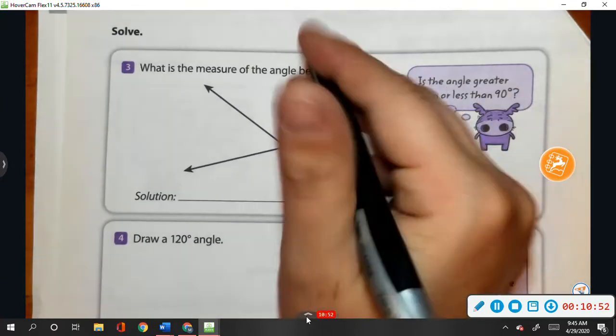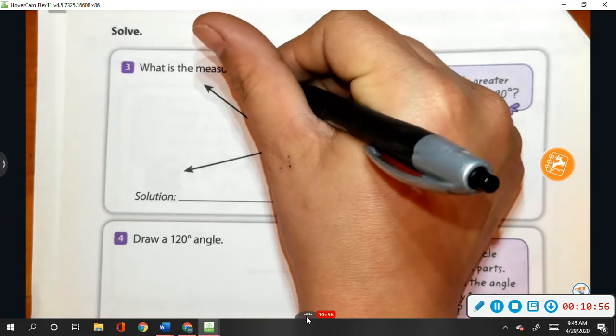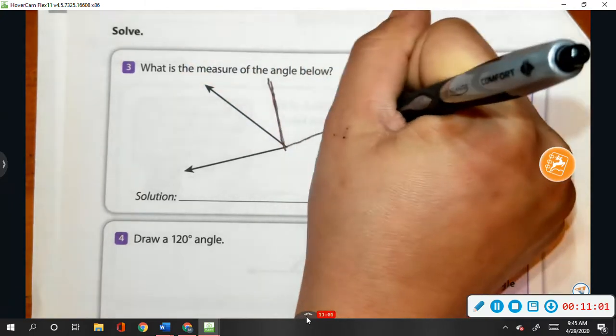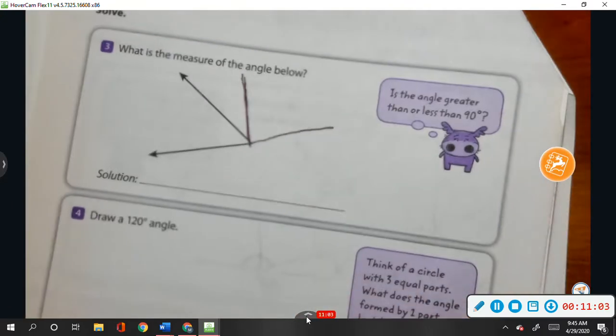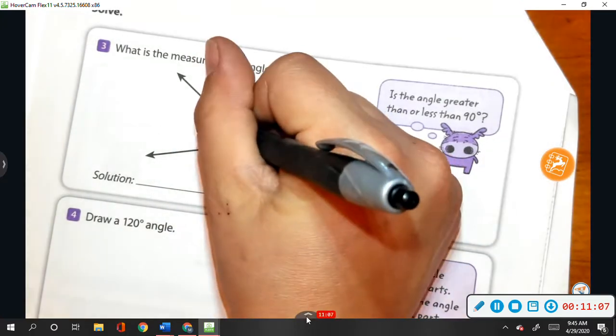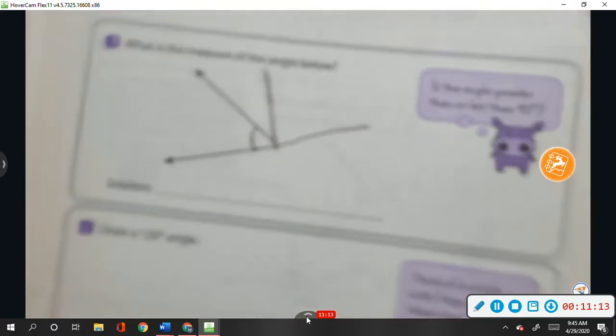Number 3. What is the measure of the angle below? Thinking about those benchmark angles. Here's my 90 degree line. Here's my 180 degree line. Now, looking at where the angle opens, I do not have a wide opening like I would with an obtuse angle.